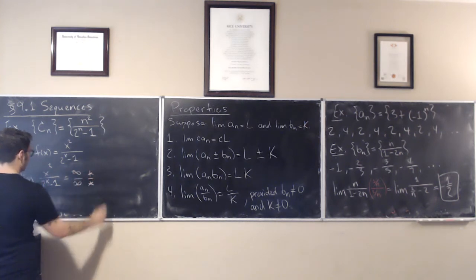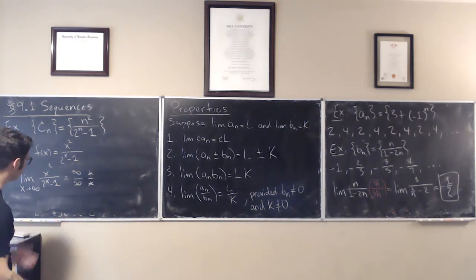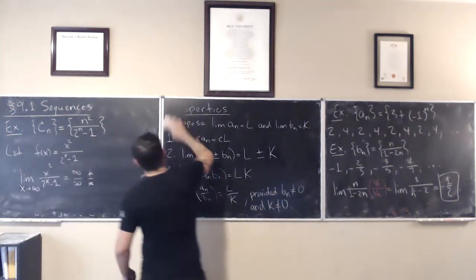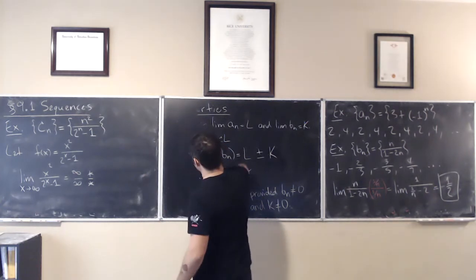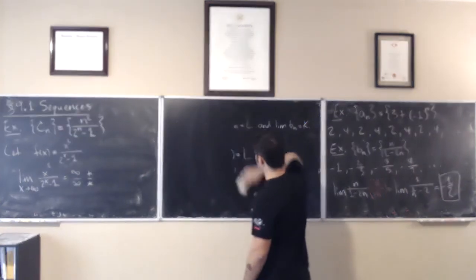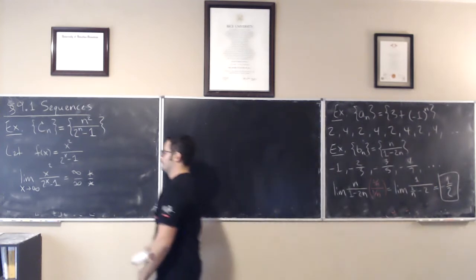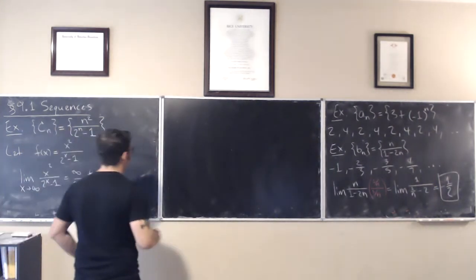I already saw that coming, but whenever you get this indeterminate form, you can just apply L'Hopital's rule and take the derivative of the numerator and the derivative of the denominator.